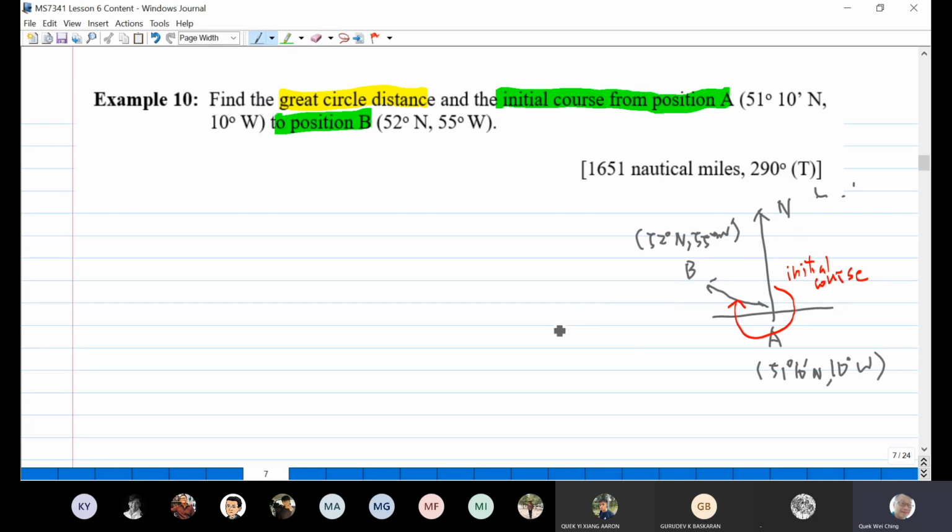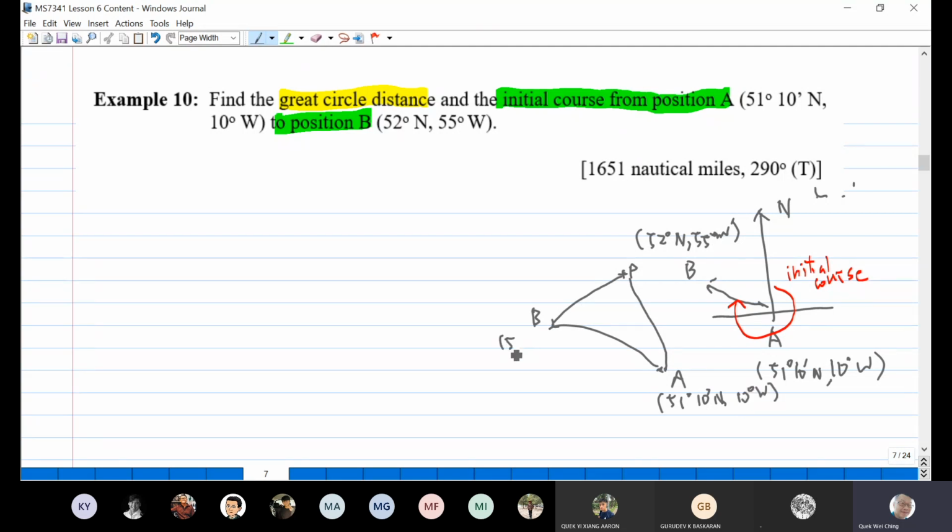You have point A here, going to point B on top, going northwest here, B. And there's also a North Pole, P. The North Pole is already on the North Pole, so this is 51 degrees 10 minutes north, and this is 10 degrees west.